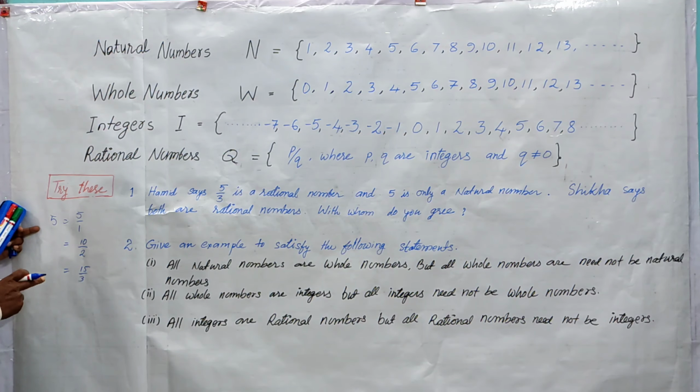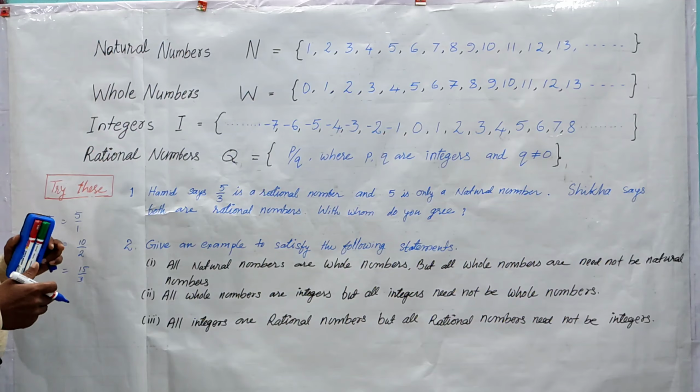Therefore this 5 is also in the form of p by q, where p and q are integers and the denominator q is not equal to 0. So 5 satisfies the definition of a rational number. Therefore 5 is also a rational number.